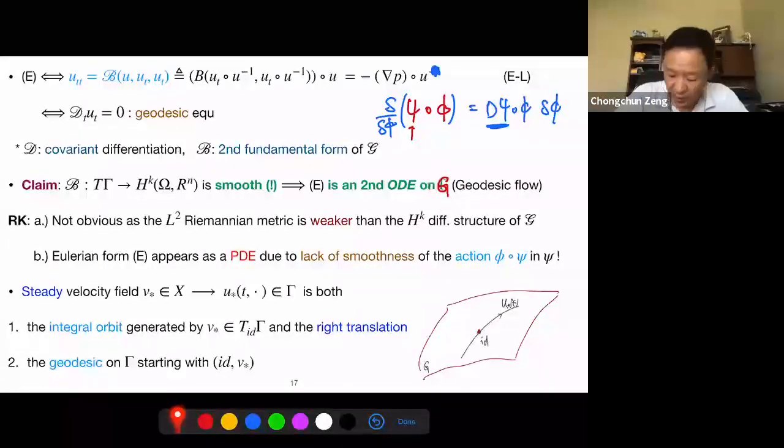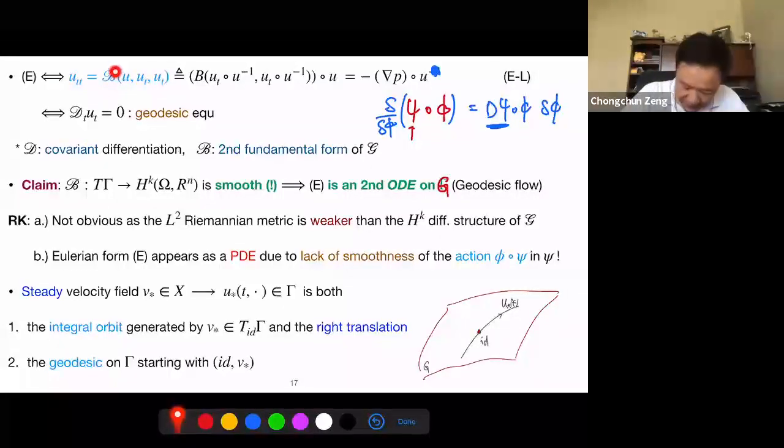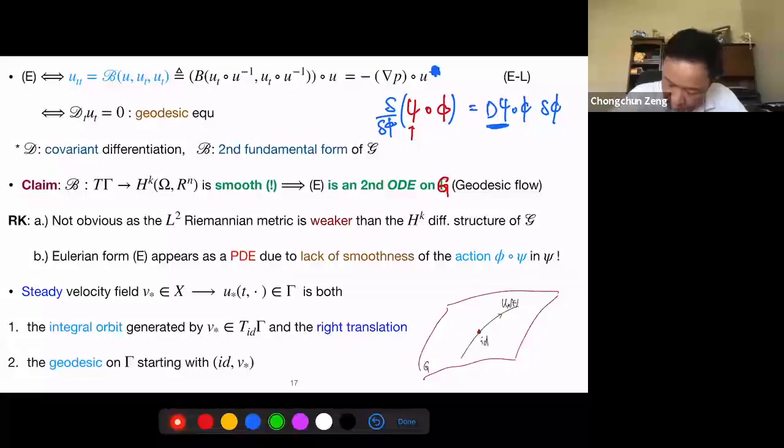And so if you apply the right translation to the Euler equation, meaning that if you take any solution to the Euler equation, so if U is a solution, then U composed with phi is also a solution.